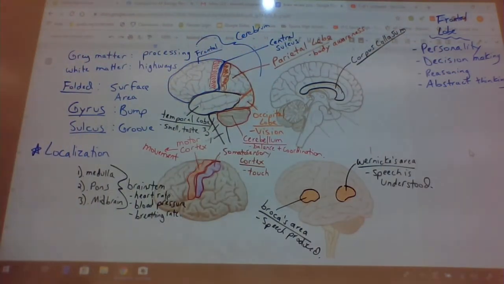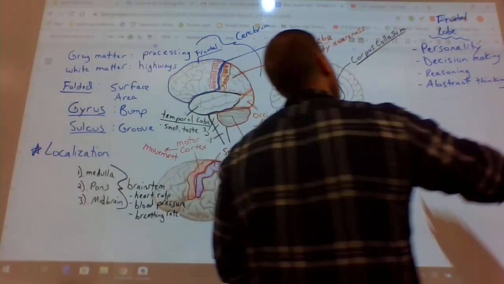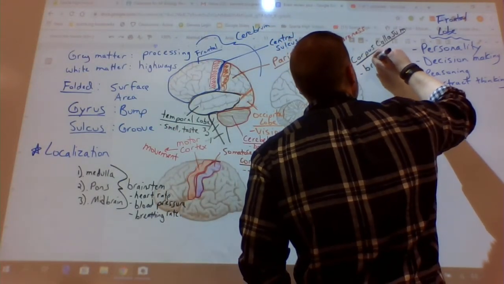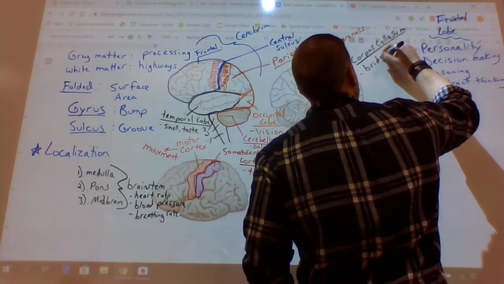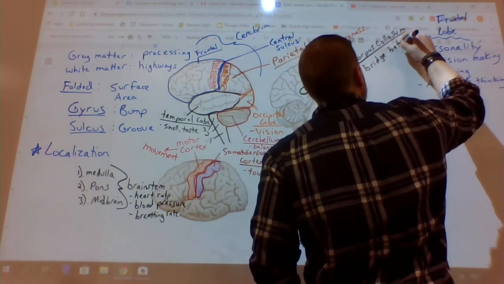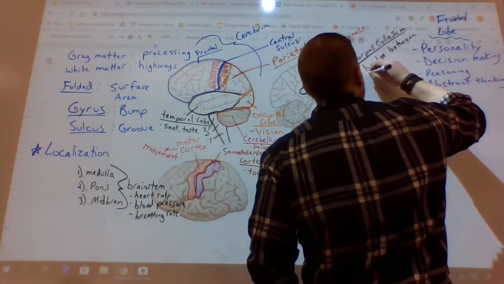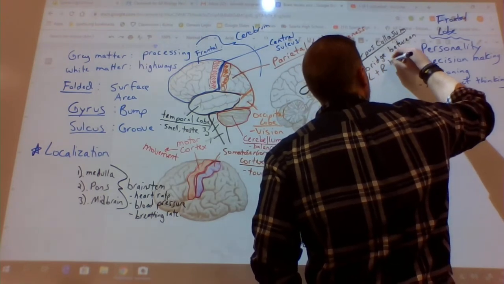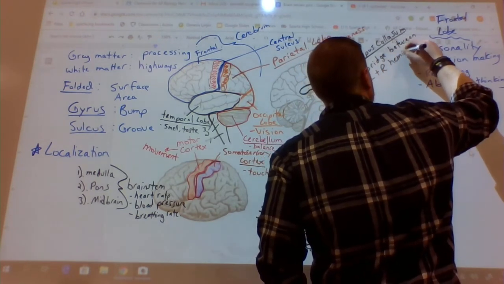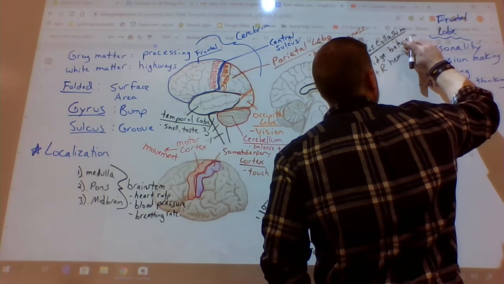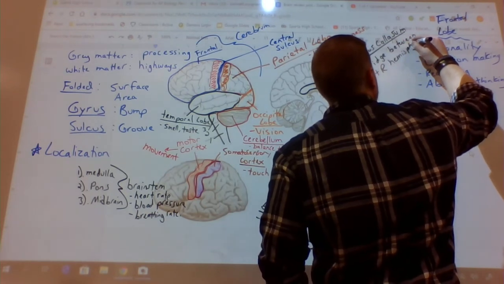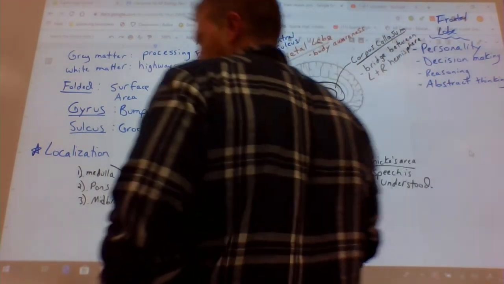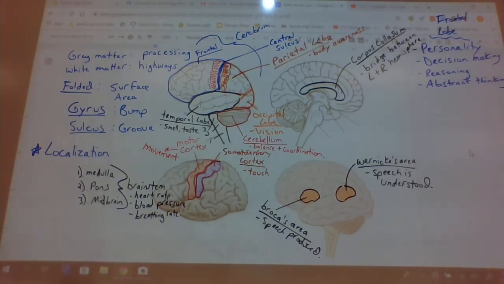The corpus callosum. We said that the corpus callosum is the bridge between the left and the right hemisphere. Do you remember us talking about each person having a dominant hemisphere?